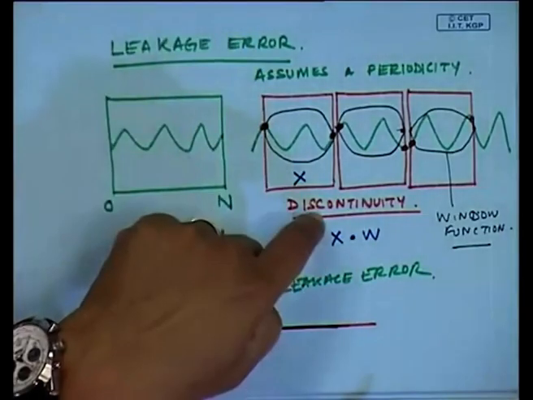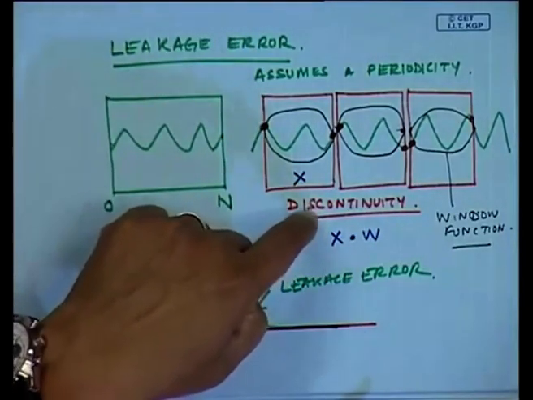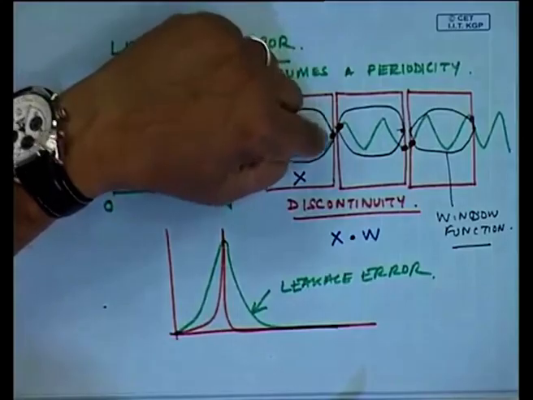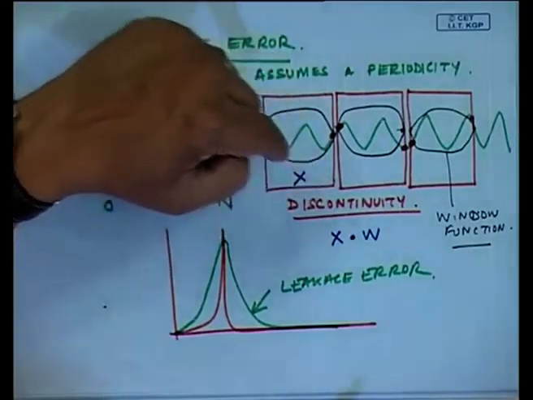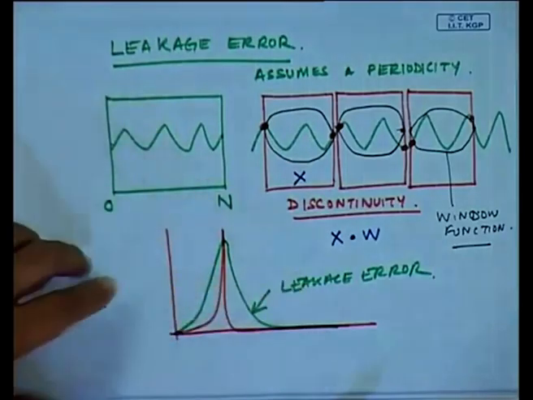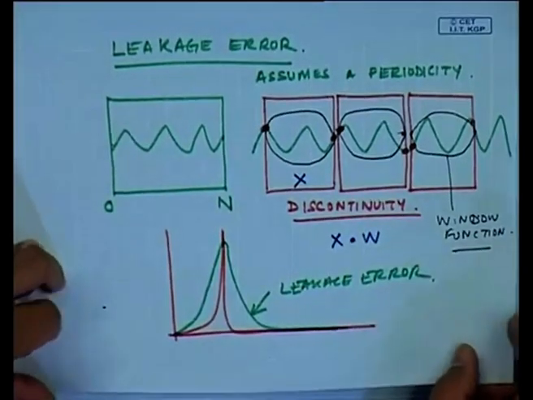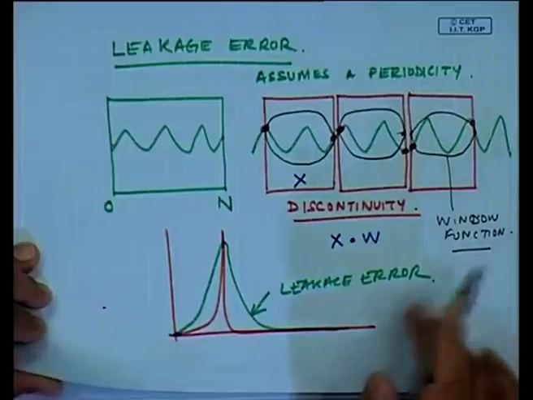So, these discontinuities are avoided by multiplying with such a windowing function, so that the leakage is reduced, and then we will get a better estimate of the amplitude.